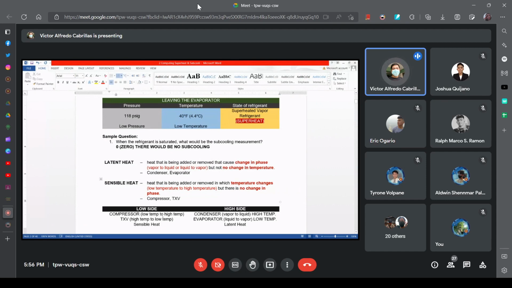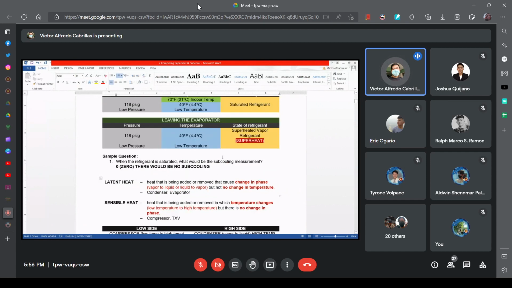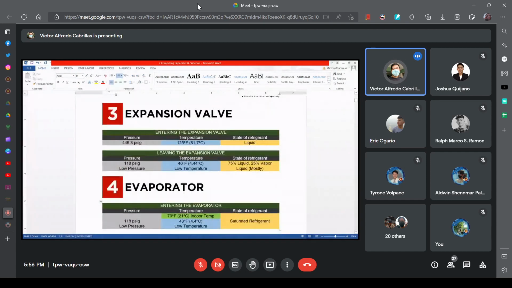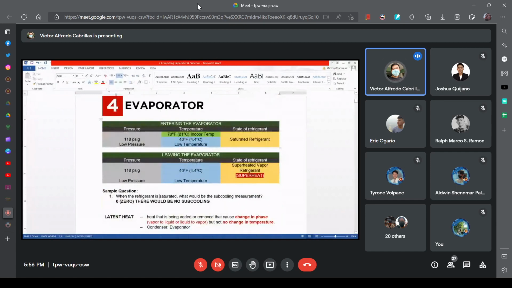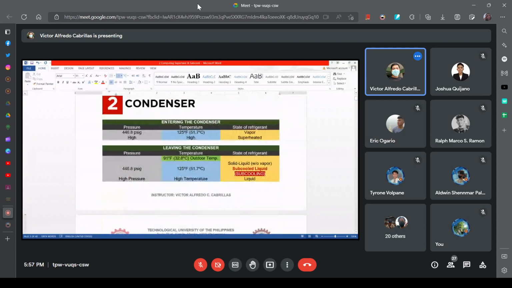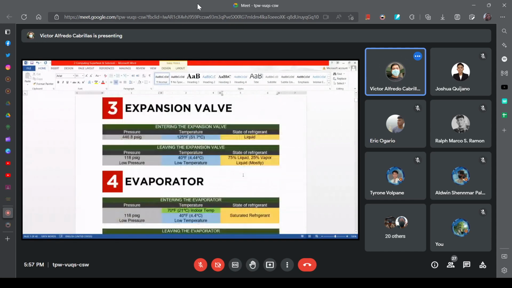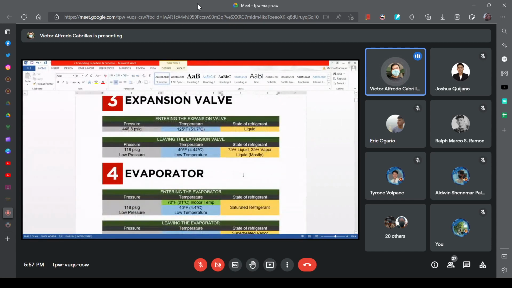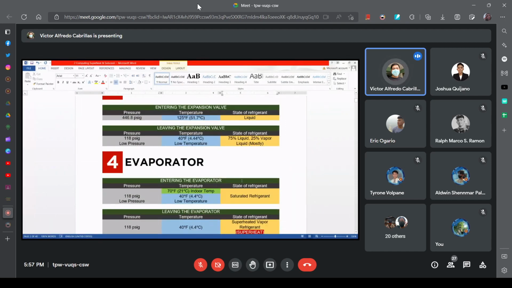Ang subcooling, dito natin siya nakikita sa subcooled liquid refrigerant doon sa may condenser.